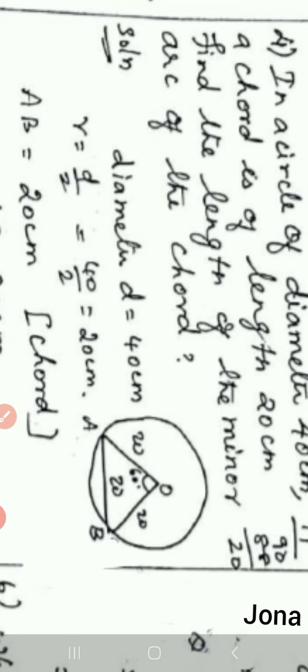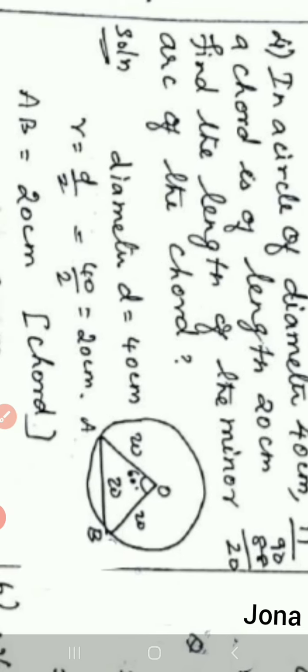In a circle of diameter 40 centimeter, a chord is of length 20 centimeter. The diameter of the circle is 40 centimeter and a chord is of length 20 centimeter. There is a chord, that length of the chord is 20 centimeter. Find the length of the minor arc of the chord.